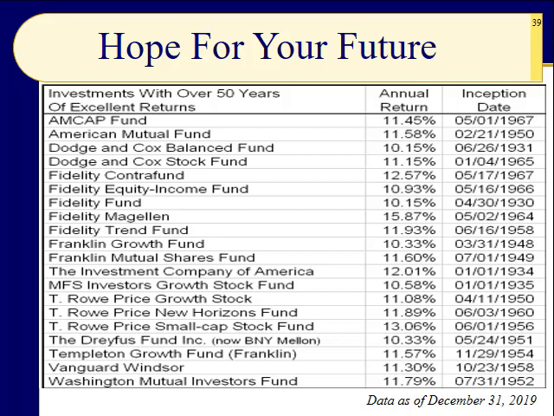There's a reason why that one has done so well, and it's mostly because of one man, Peter Lynch, who racked up 29% a year for 12 years. But Magellan has never gone back to its glory years. But here, 13%. And look at when they were started: 1967, 1950, 1931, 1950, 1934, 1935.